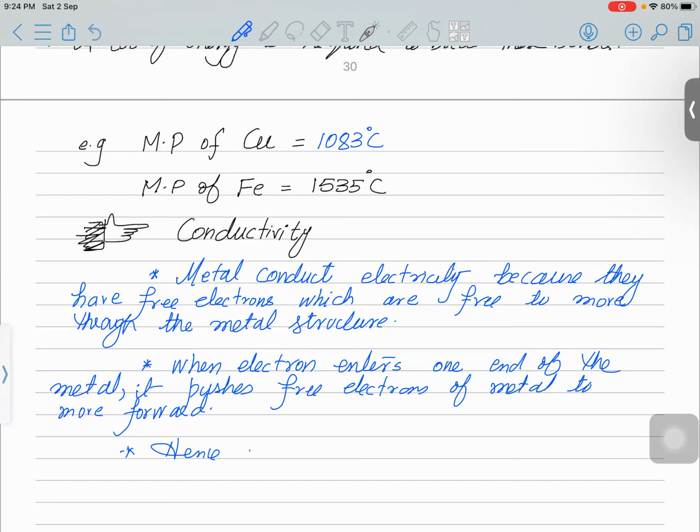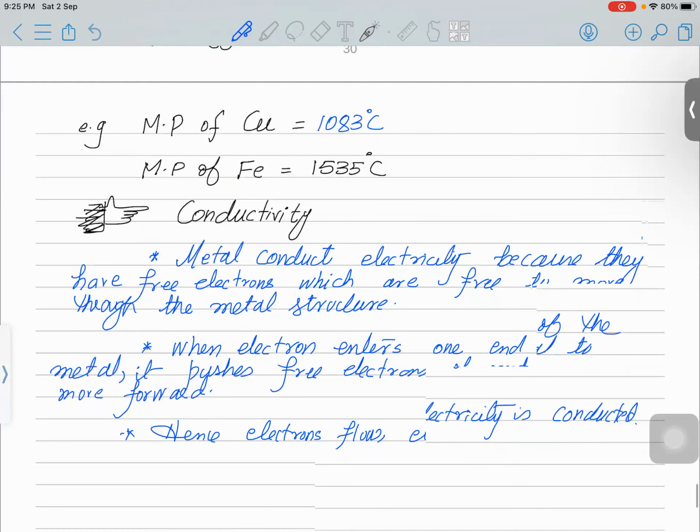Hence, electron flow, electricity is conducted. Can you tell me which conducts more electricity, aluminum or copper? Sir, between aluminum and copper, copper conducts more electricity.